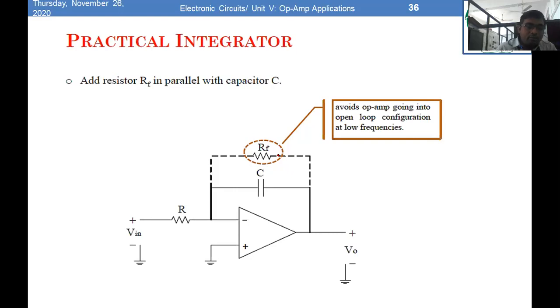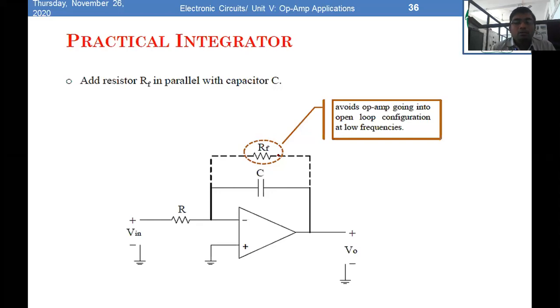With RF, at low frequency, the capacitor acts as an open circuit, but RF maintains the stability of the circuit. It maintains the gain of the amplifier at a stable, finite level. It stops the op-amp from going to infinite gain.